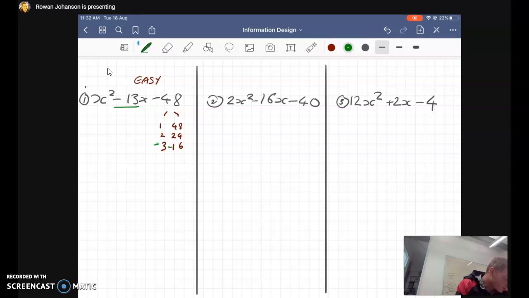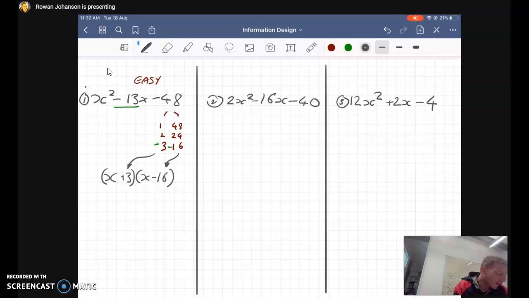Those are my 2 numbers. So my answer is going to be x plus 3 in one bracket, x minus 16 in the other bracket. And that's done. And I can test it out because positive 3 times negative 16 equals negative 48.